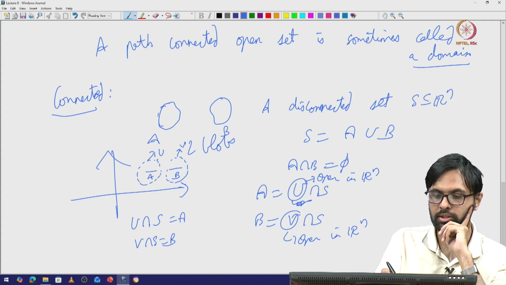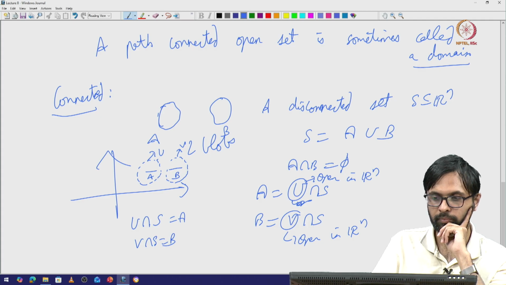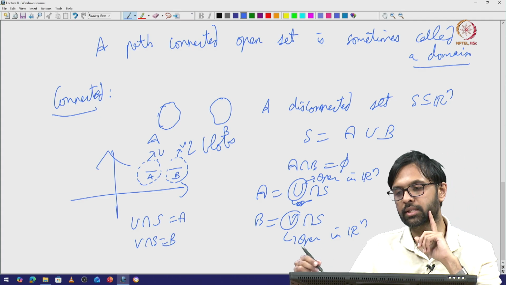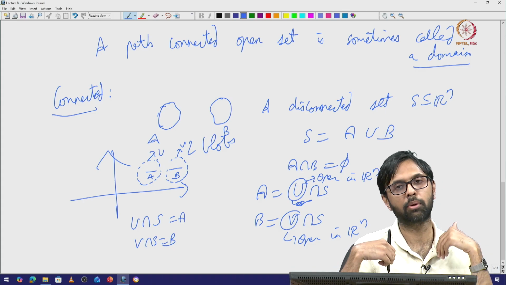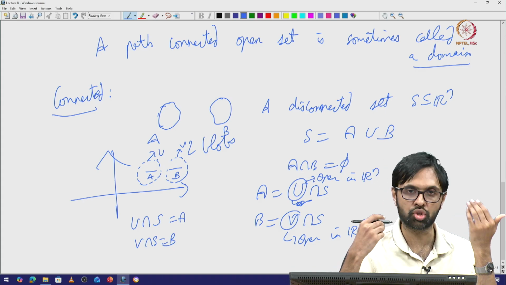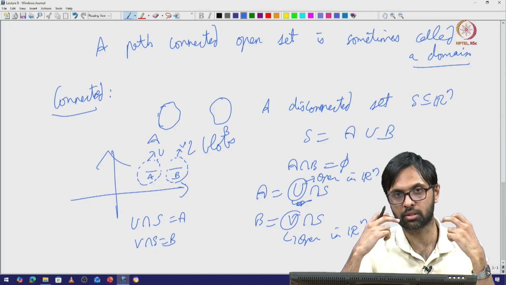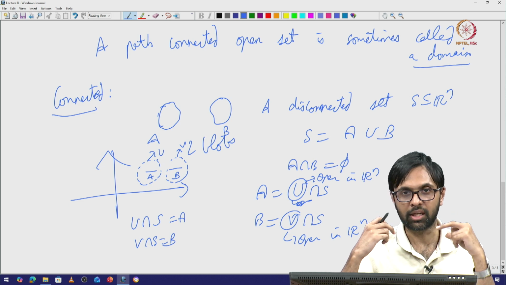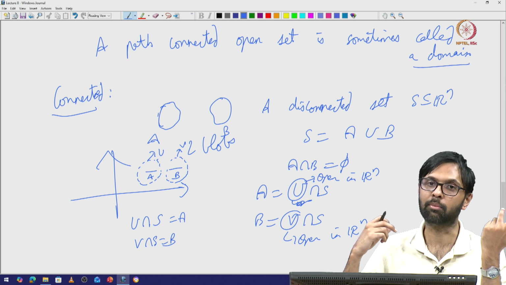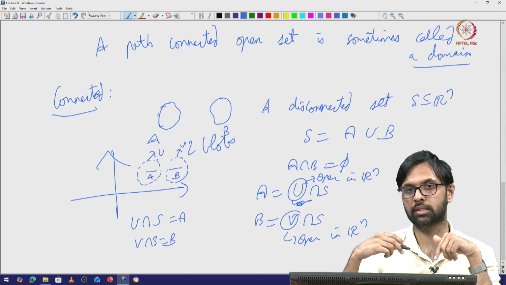So that's why this is disconnected. In other words, a disconnected set is something that can be written as a disjoint union of two open subsets of S. By that I mean two subsets of S which are disjoint, and each subset is the intersection of some open set in R^n with S.